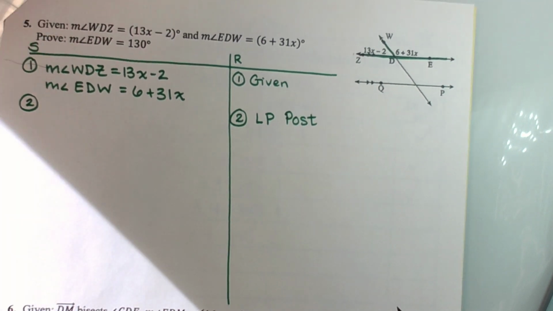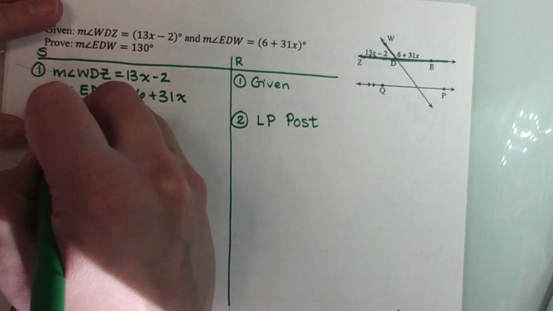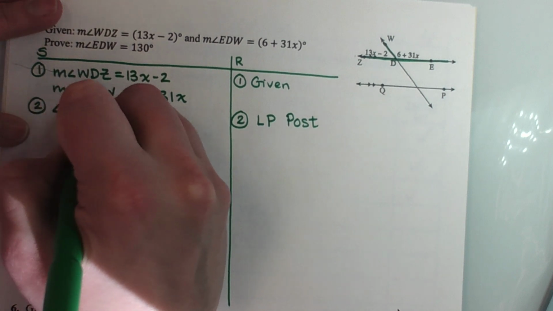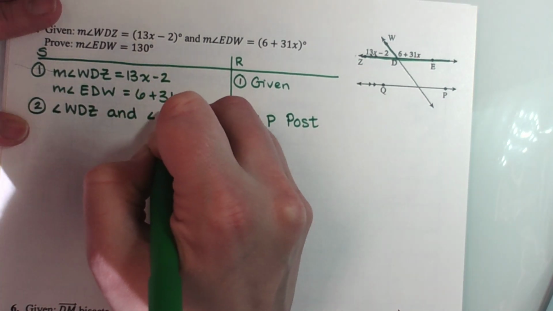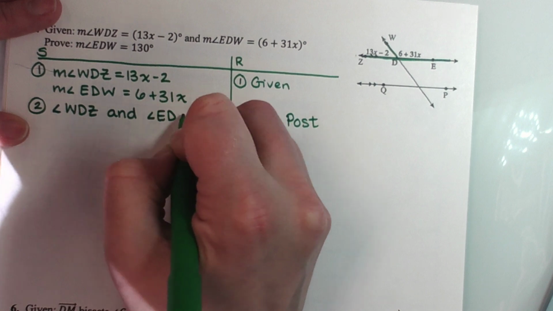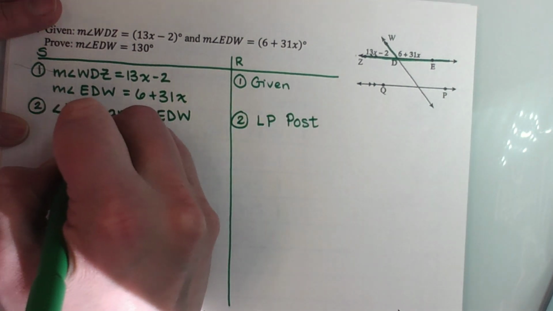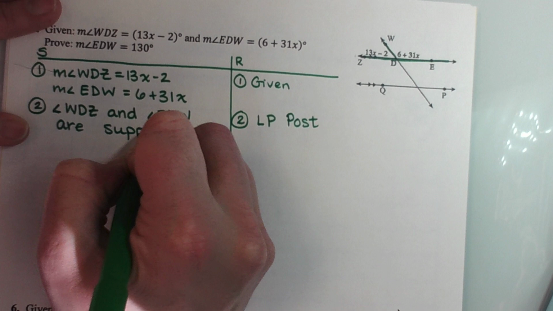It says they're supplementary. Okay, so measure of angle WDZ plus measure of angle EDW equals 180? No. It's not what I can write anyway. Now you have to put that angle WDZ and angle EDW are supplementary.